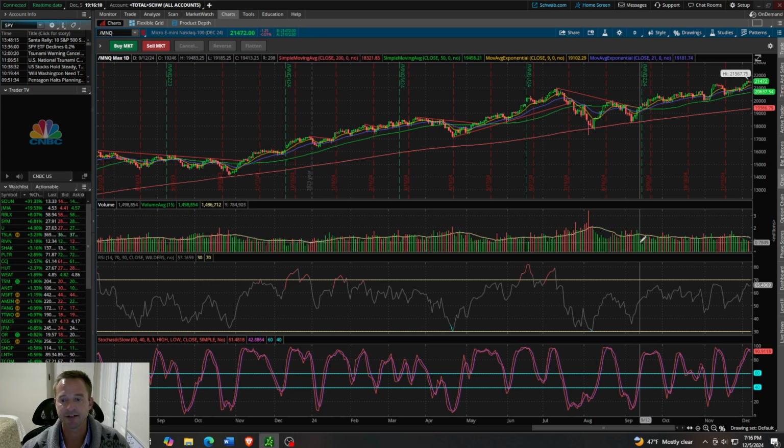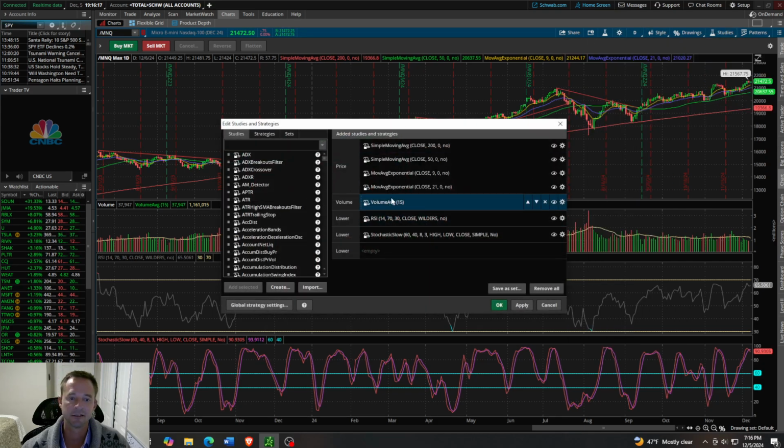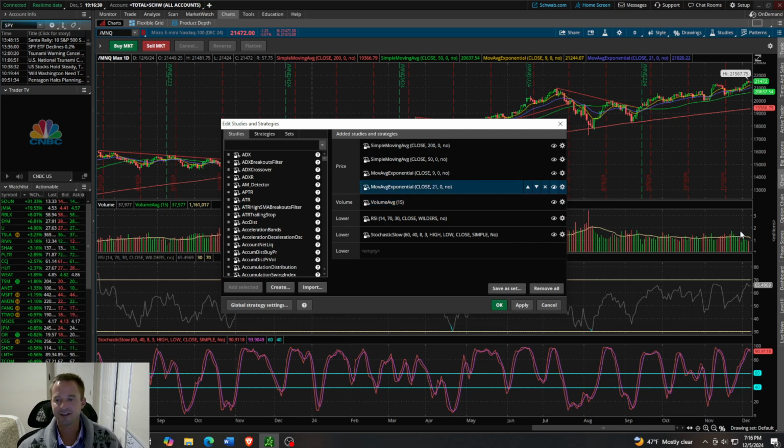I like to have the red and green volume in here. Now I have volume with volume average, and I have it at 15 days. I had it at 30 days. I really have no clue. I don't even use this line as anything. I kind of do, I kind of don't. I just get a general theme. 15, 30, whatever.